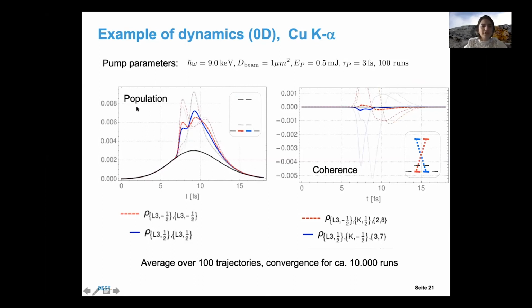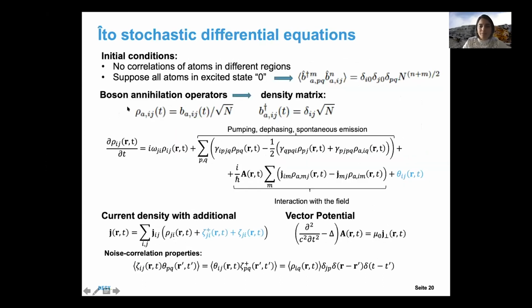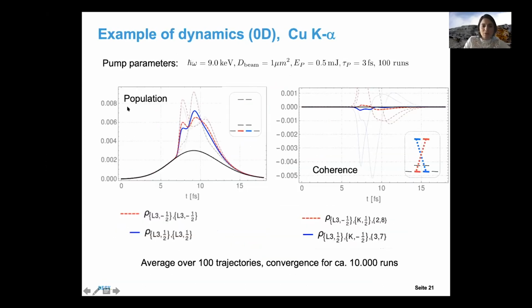You see here, for instance, the average populations of these 2 final states, averaged over 100 runs. At some point they should converge to one line, so they should be equal by symmetry reasons. So you see that we are not quite yet converged.